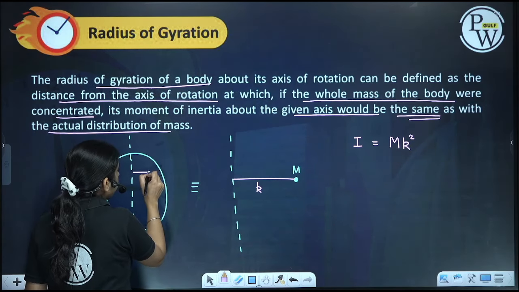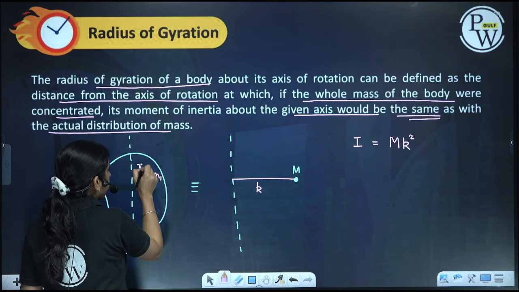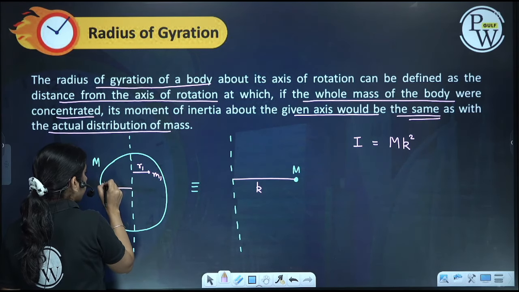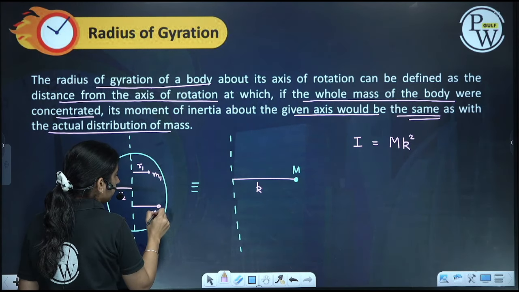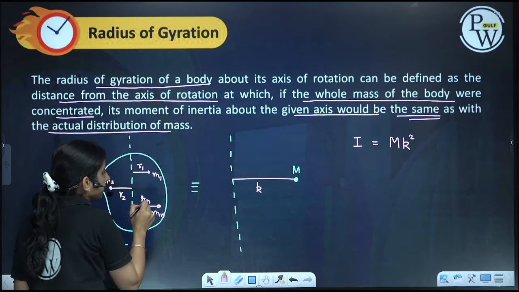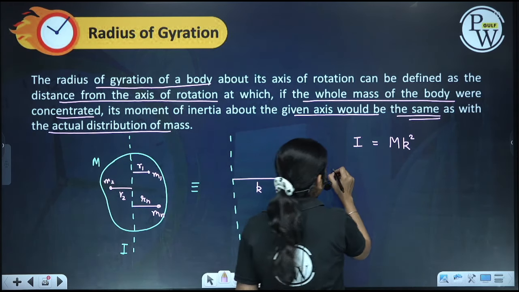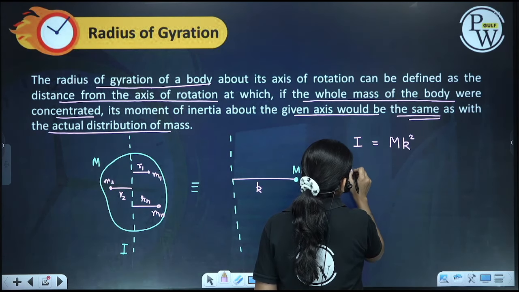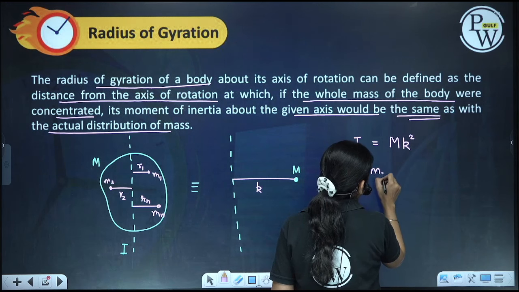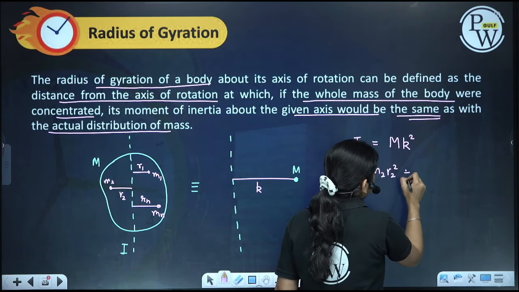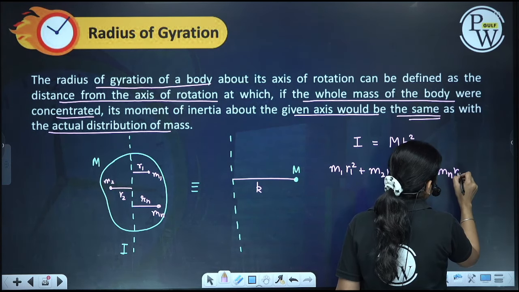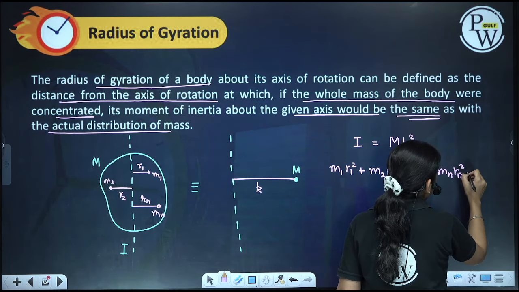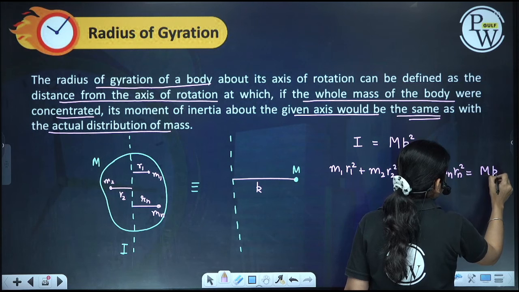Now if it is made up of masses m1 at distance r1, m2 at distance r2, similarly mn at distance rn, then we will have m1 r1 square plus m2 r2 square and so on, plus mn rn square, equal to m k square.